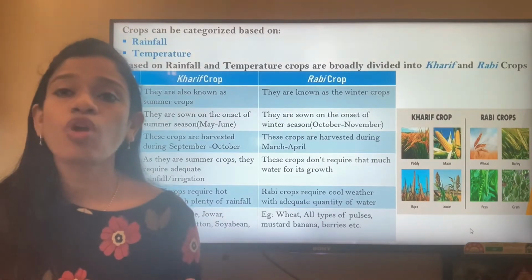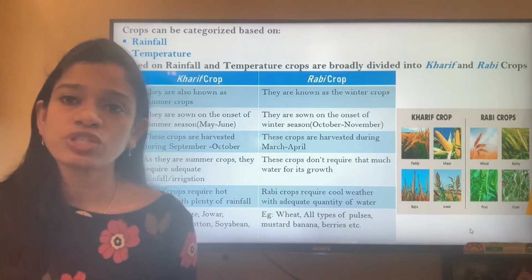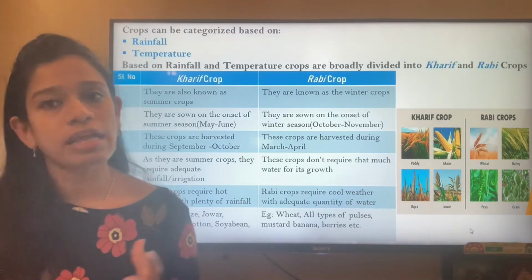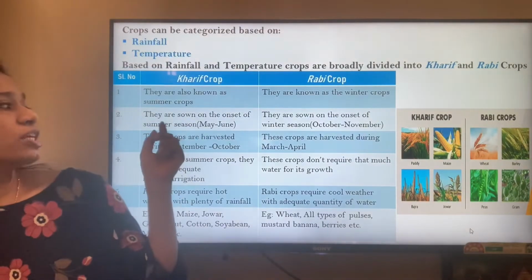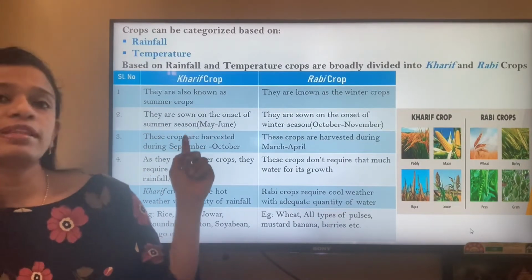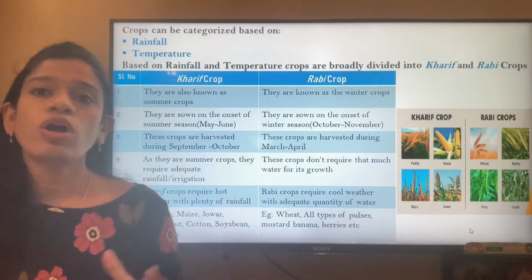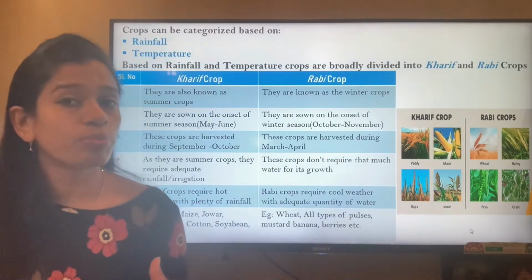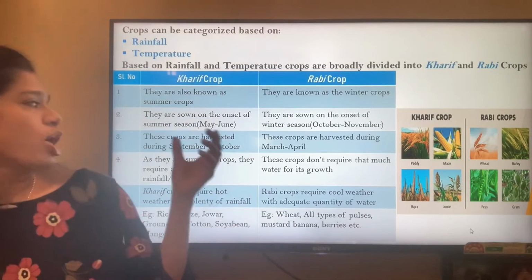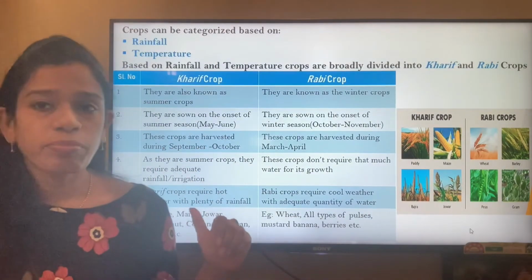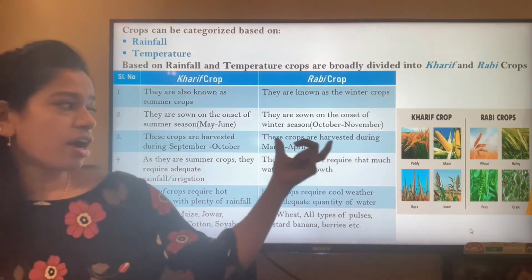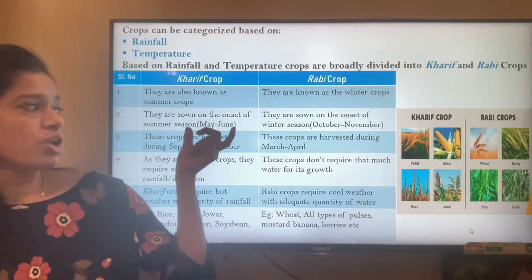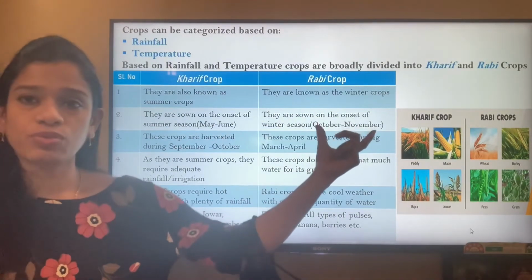Basically, this is the cropping pattern or cropping seasons followed in India based on temperature as well as rainfall. Kharif crops are sown on the onset of the summer season, May and June, whereas Rabi crops are sown in October and November. Kharif crops are harvested during September and October, and Rabi crops are harvested during March and April. Once these get harvested, the others are sown.